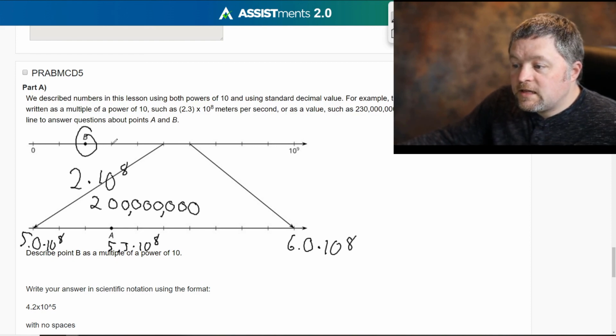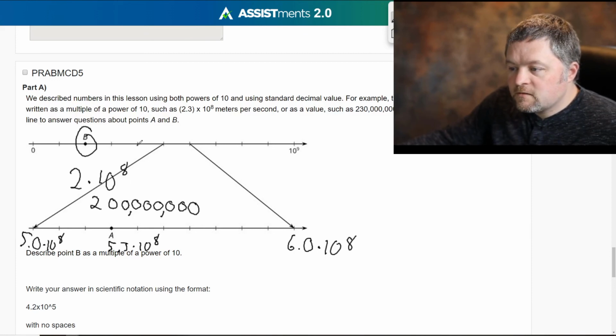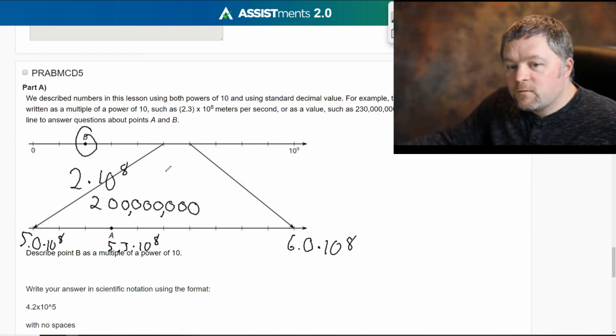So, easy choices. Right here's 3 times 10 to the power of 8, 300 million. 4 times 10 to the 8, 400 million. Here would be 5.2 times 10 to the 8, or 520 million.